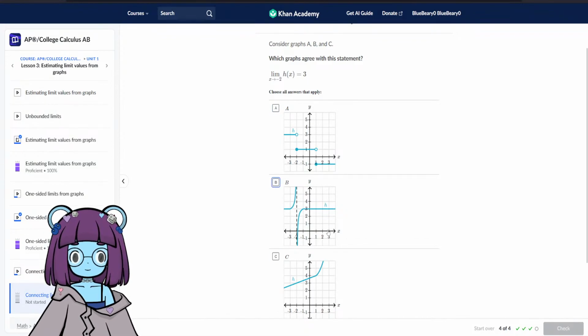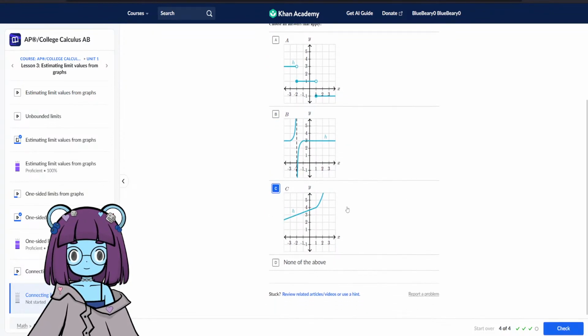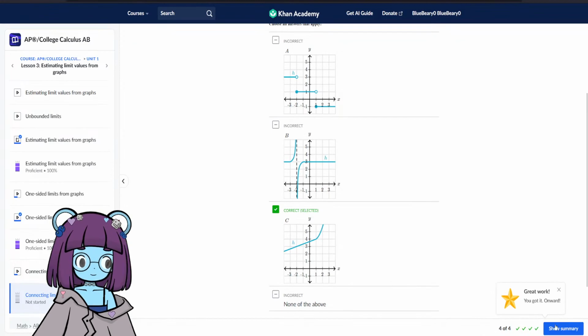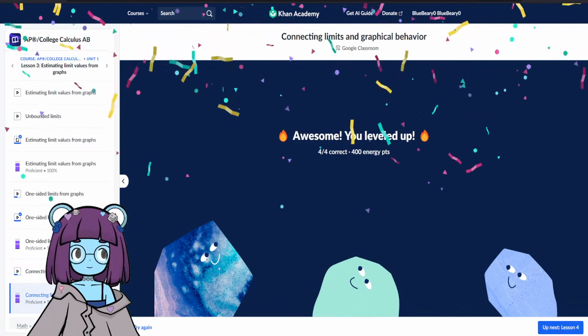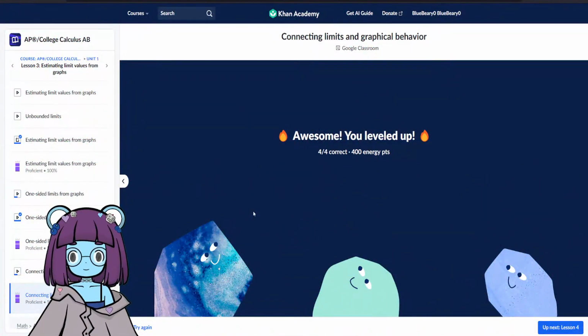This one is unbounded. C is the only one because it approaches 3 from both sides. Confetti! Yay! Woo!